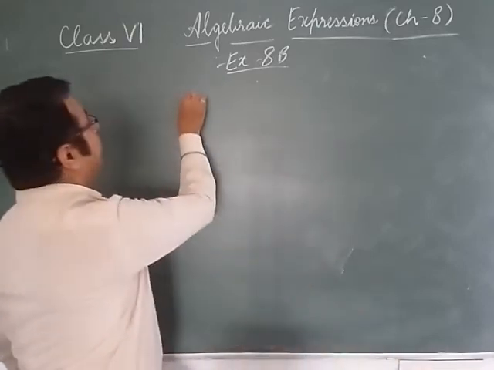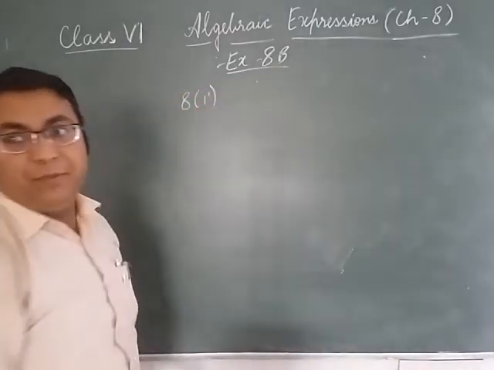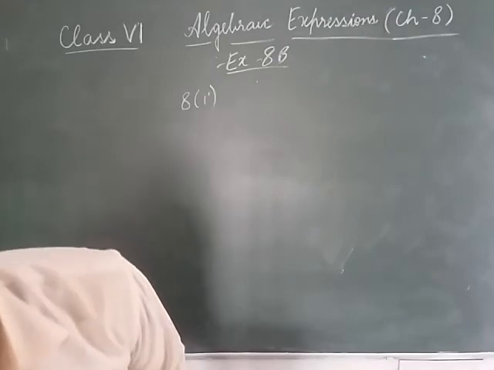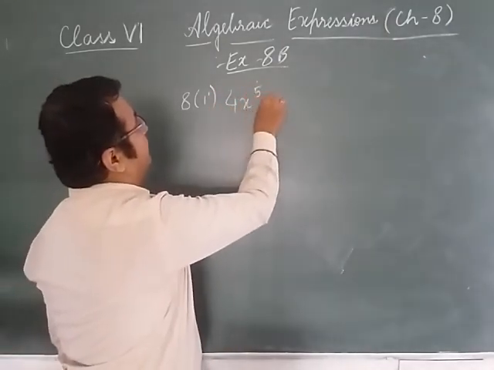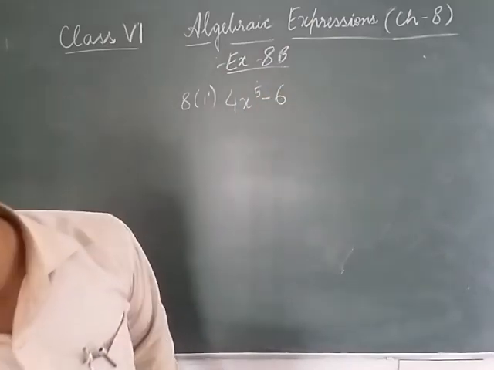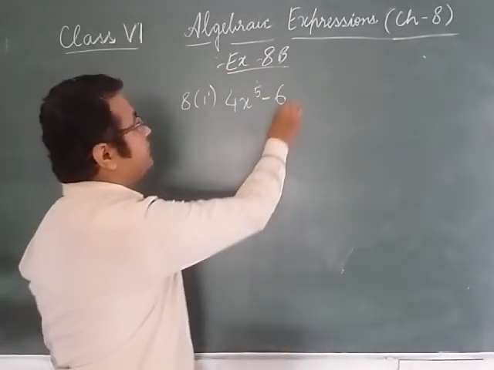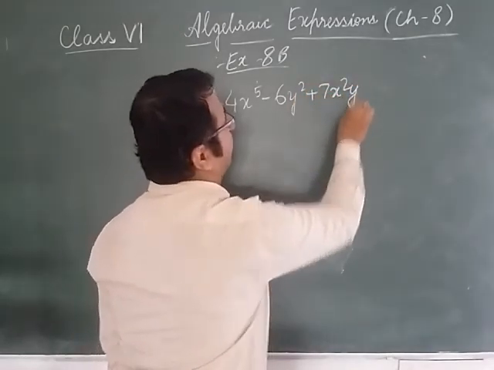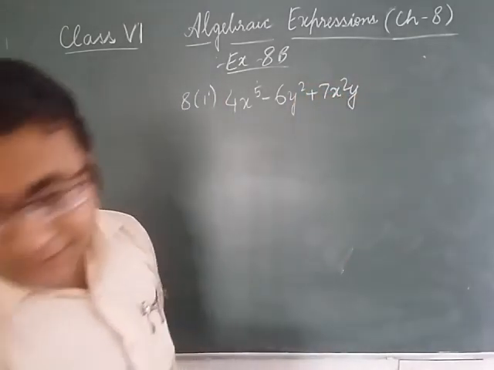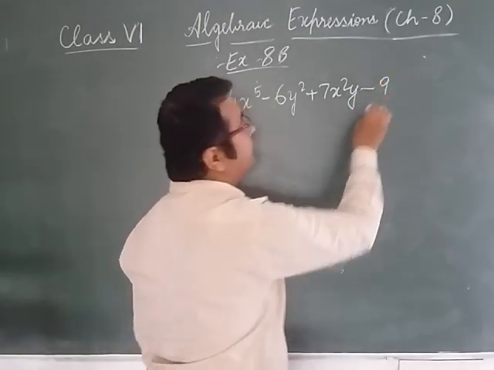Let us see first part. 4x to the power 5 minus 6y to the power 4 plus 7x square y minus 9. We have to write the terms.